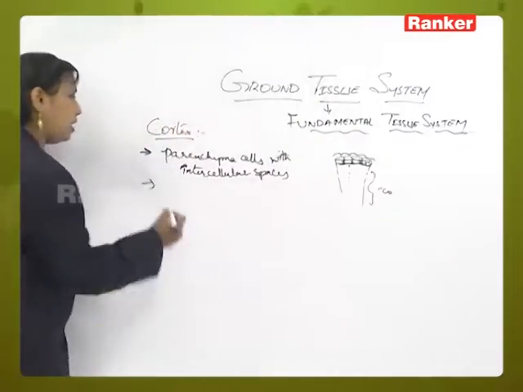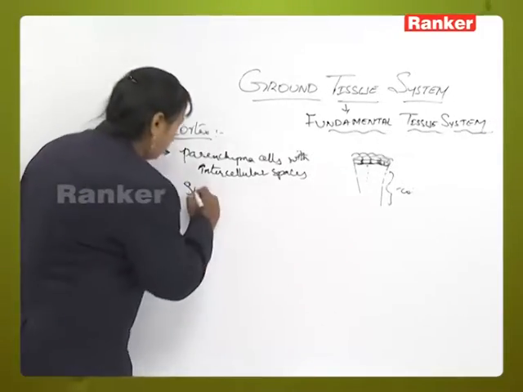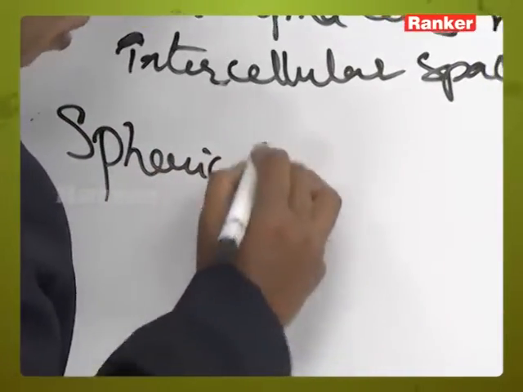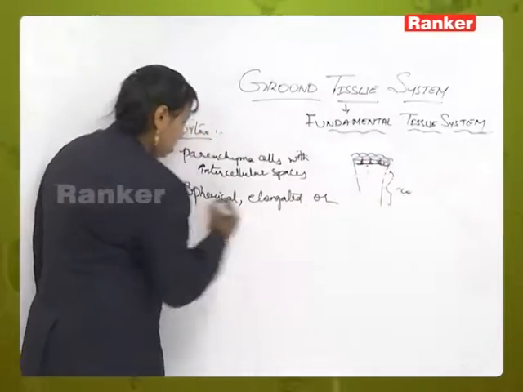Now when we talk about the shape, what will be the shape of the cortex cells? The shape of the cortex cells will be spherical, elongated, or stellate.